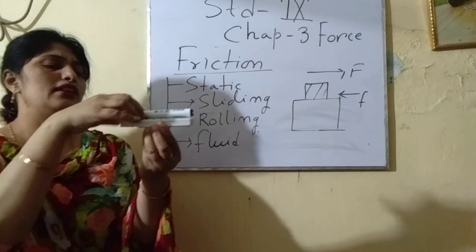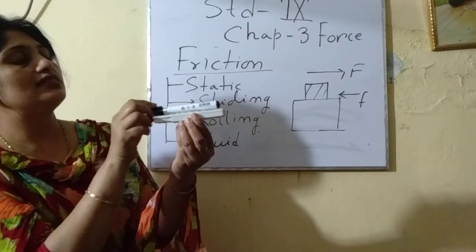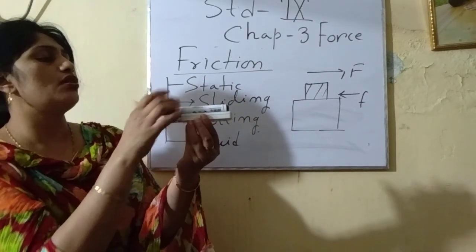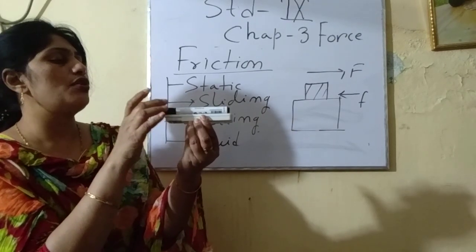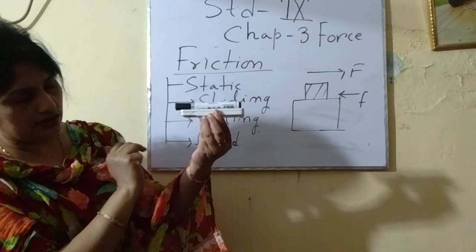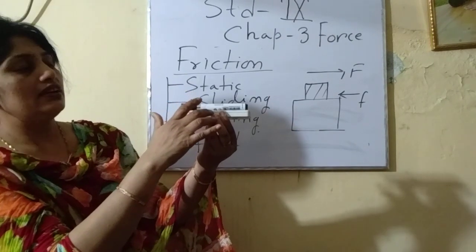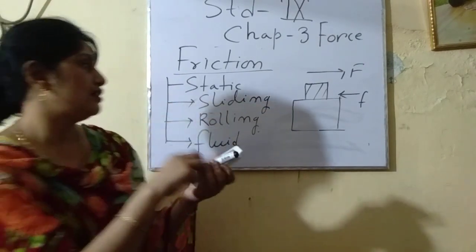Look, in my hand there is a remote and the marker is put on the remote. The objects are not in motion relative to each other. So that friction is known as static friction.